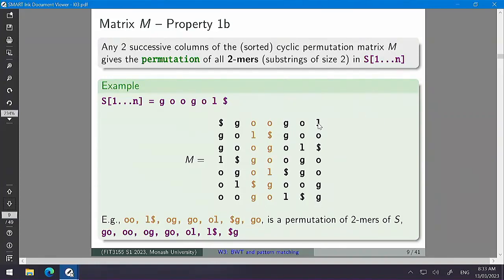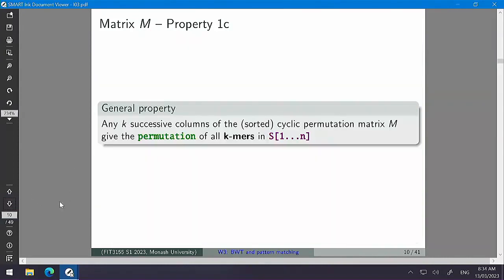So if you go last, you go all the way to the first. If you took that column and that column one after another in that order, you would see 2-grams as well. That's an important one. In fact, this generalizes: if you take any k successive columns, you would see all occurrences of k-mers, k-grams of that original string in some order.